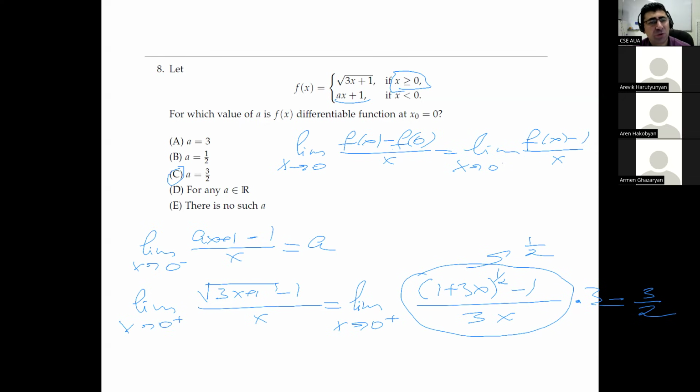In this particular case, for this function f, whatever value of a is given, it is continuous, because the limit when x tends to 0 from both sides is 1. So f is continuous for any value a you wish, but it is differentiable only when a is 3/2. Okay.